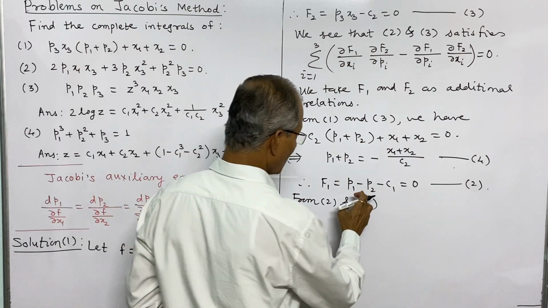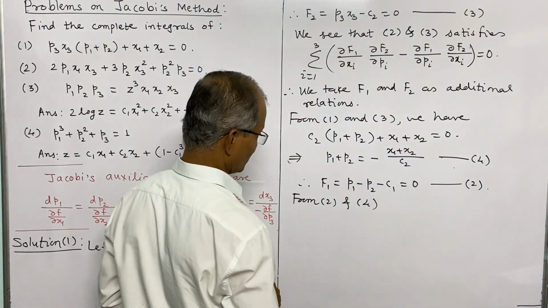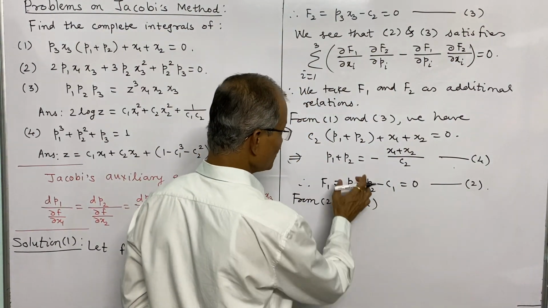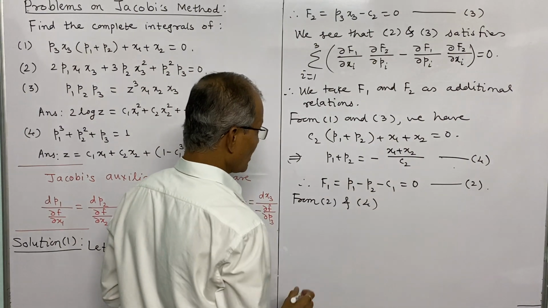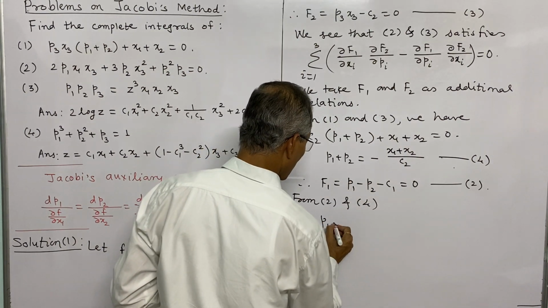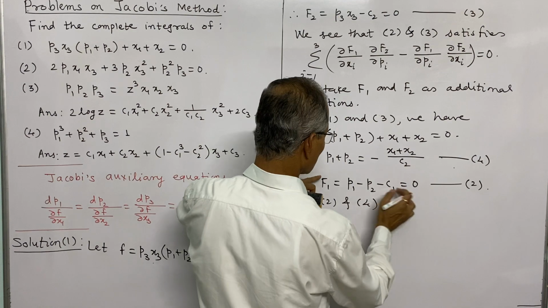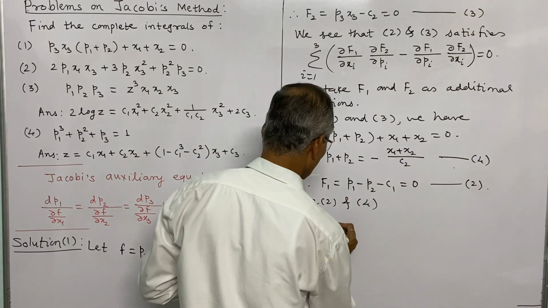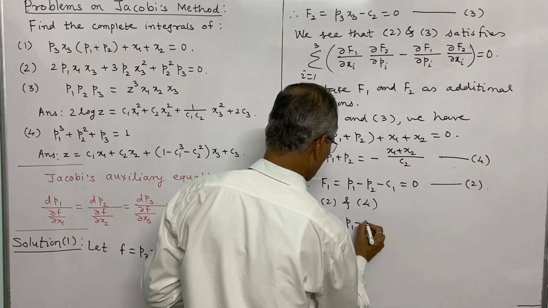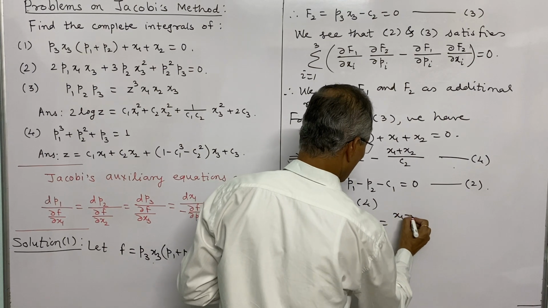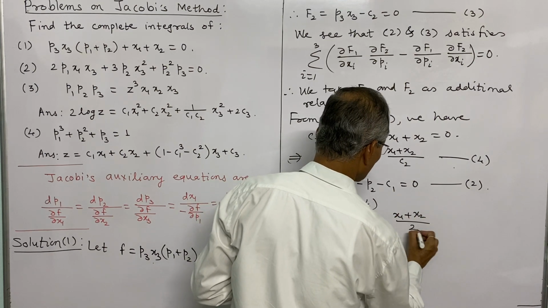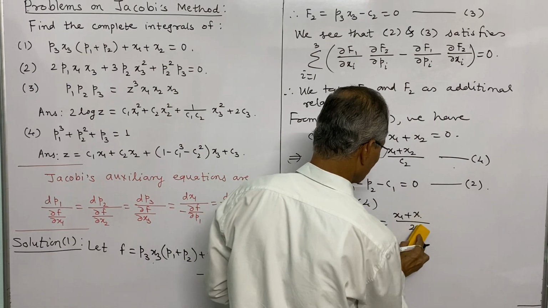What is 2? It is p1 minus p2. What is 4? We use the value of p2 in 4. So that is p1, and p2 is p1 minus c1, plus p1 minus c1 is equal to minus of x1 plus x2 divided by c2.